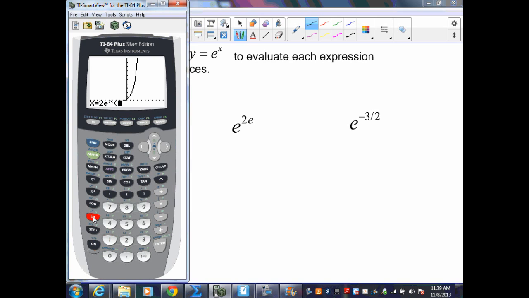Now, it wants an exponent. But notice there's no exponent on this e. But there is. It's known to be 1. So I'm just going to place a 1 in for that exponent. And when I do, I get 229.65166, which is going to give us 229.6517.